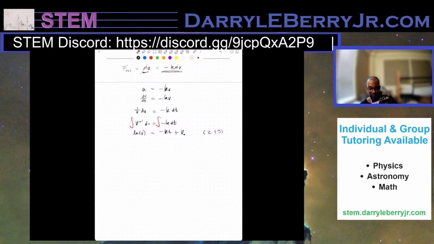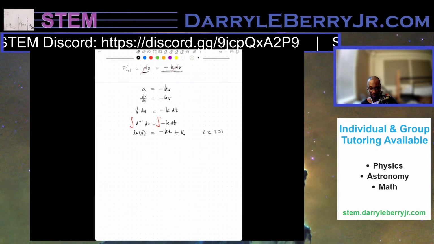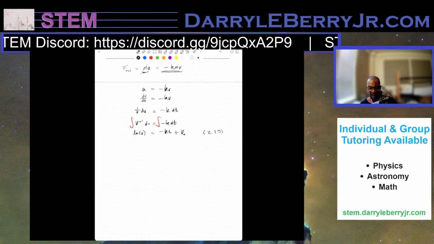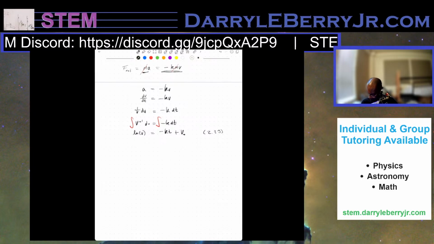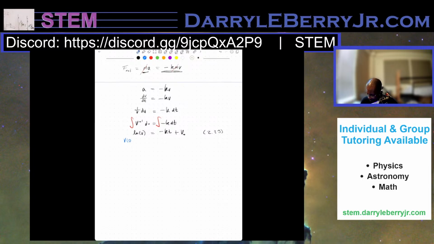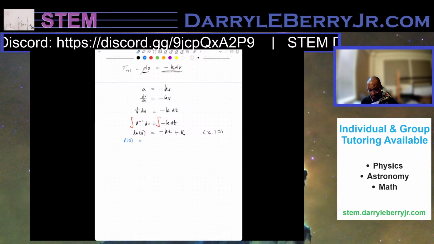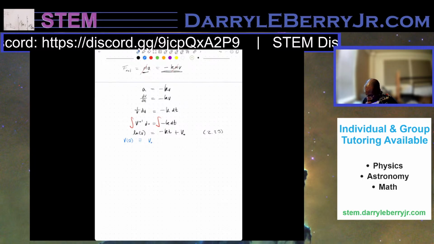can be evaluated if we prescribe the initial condition. So initial condition, v at t equals 0 is defined as v naught.